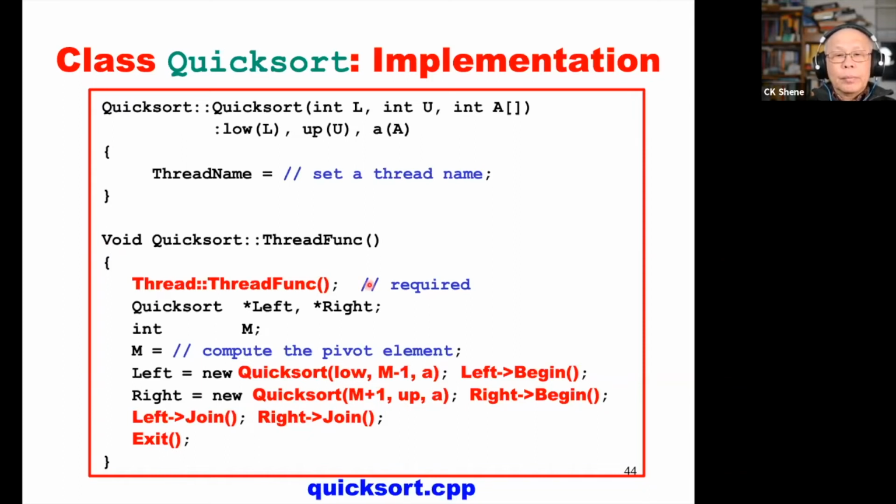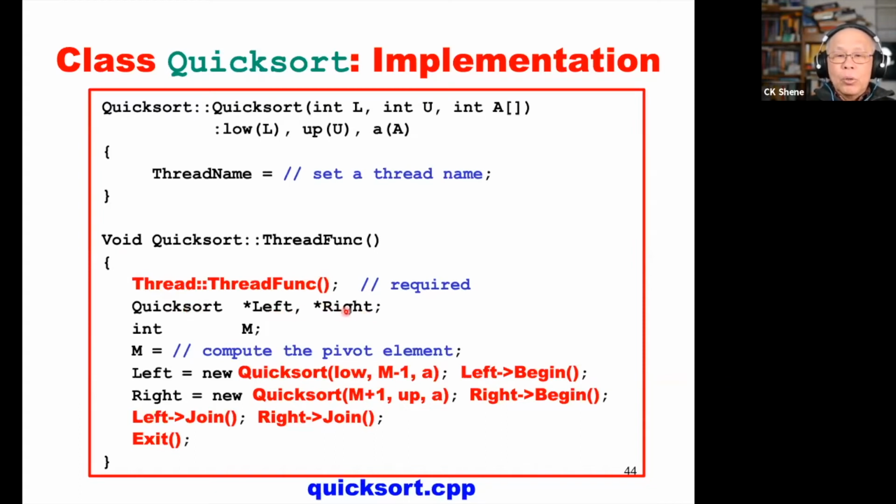Now, in this thread func, we need to create two child threads, which are also of the type Quicksort. Because we're going to create them by using pointers, we define two variables, left and right. Left is a pointer to a Quicksort class.